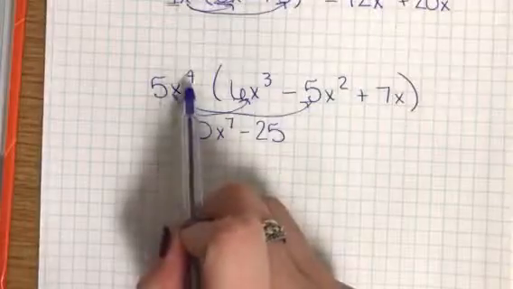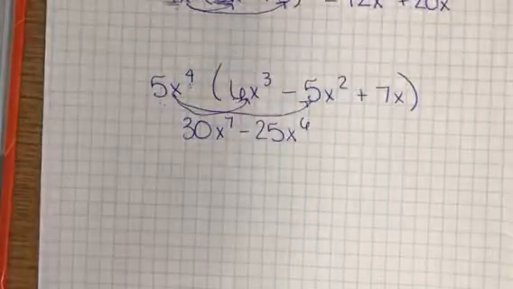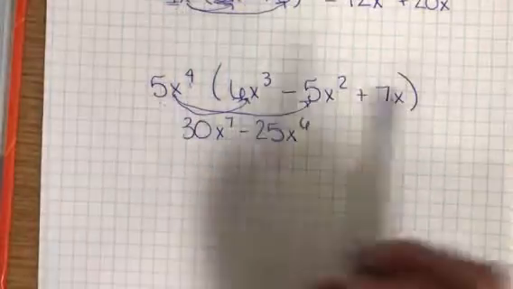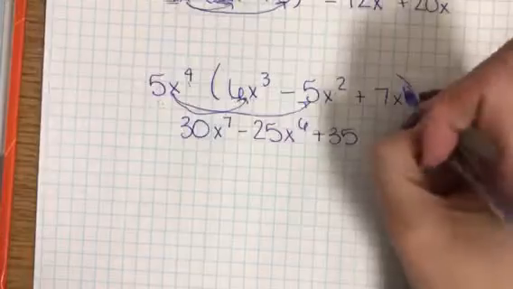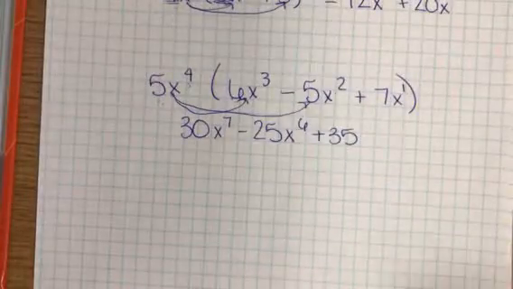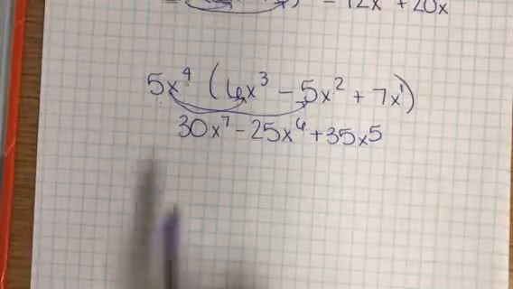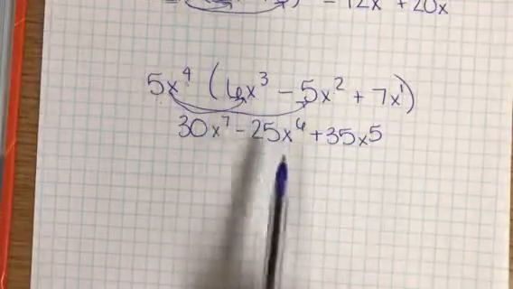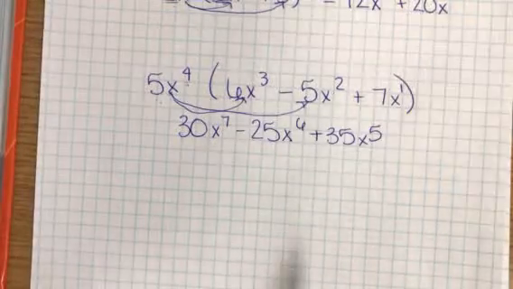We will add the exponents, so 4 plus 2 is 6. 5 times 7 is 35. 4 plus, remember there's an exponent of 1 here, so 4 plus 1 is 5. And we will get an answer of 30x to the 7th minus 25x to the 6th plus 35x to the 5th.